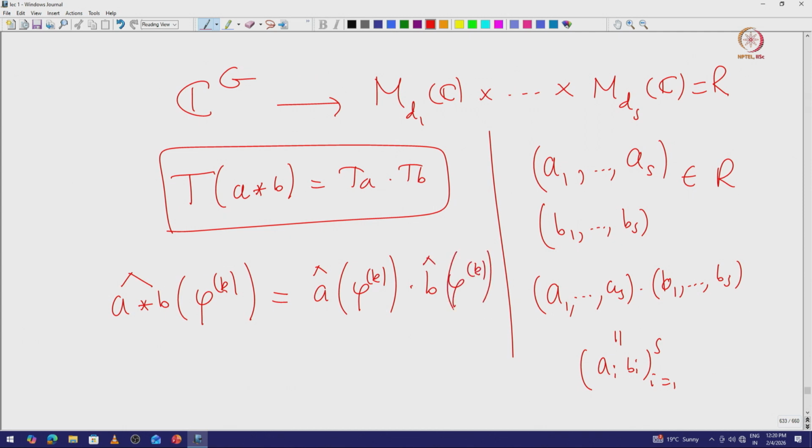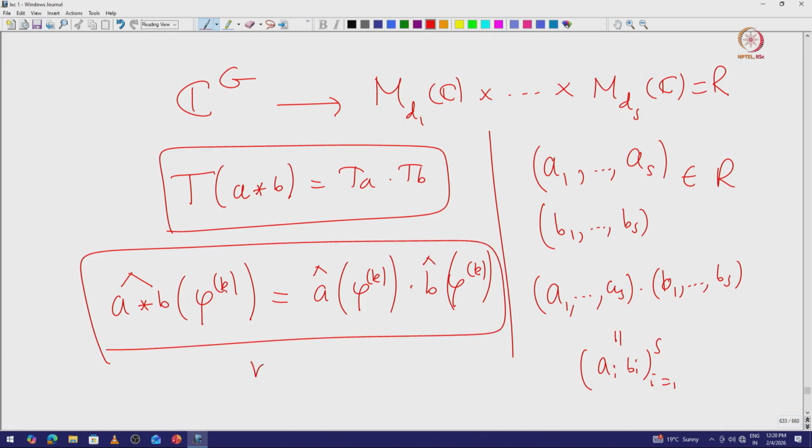It is enough to show this for all k between 1 to S. So, we are just doing it coordinate wise.